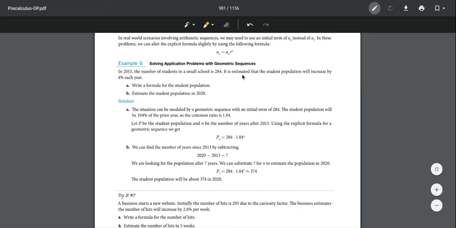Honestly, I think it's complicating things, but I think that the reason they do this is so that when you're plugging in numbers later, since you're looking for the number of years since 2013, 2013 is year 0. It's not year 1.